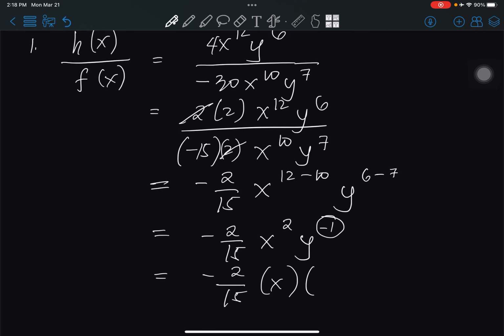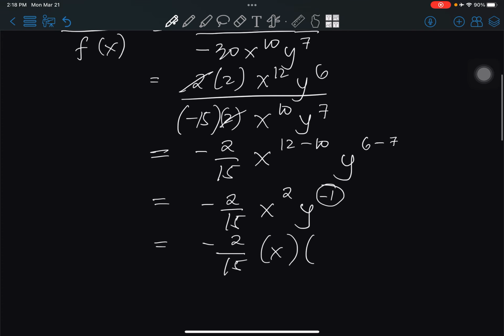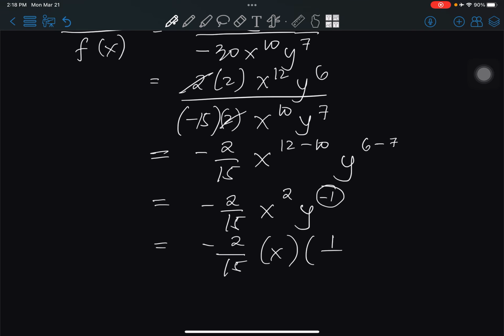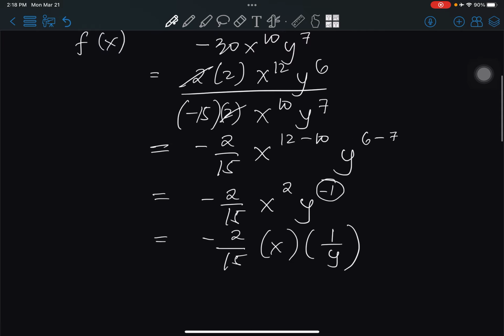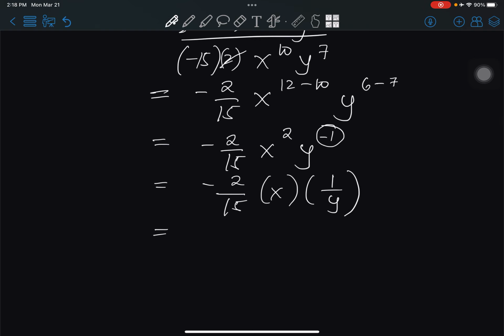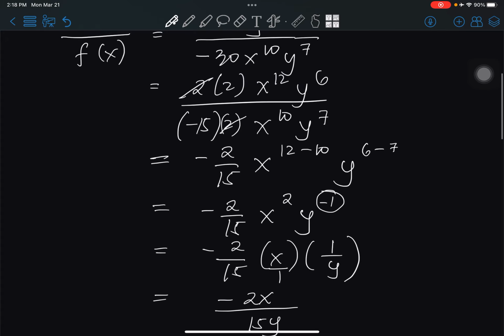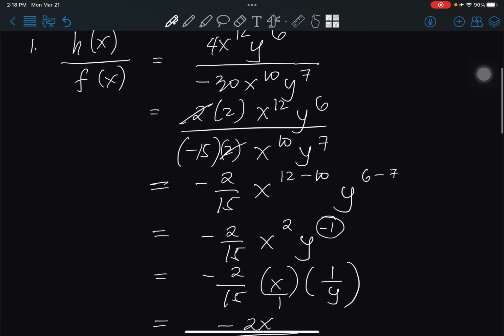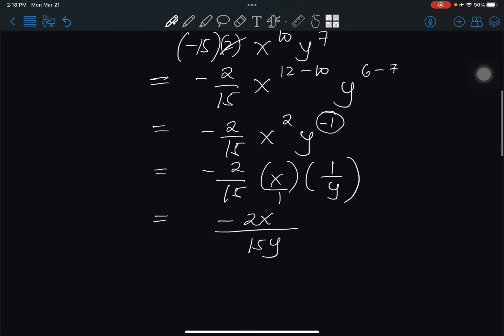Then what is the simplification of y raised to the power of negative 1? That would become 1 over y. Okay? So simplifying this, we have now negative 2 times x times 1. We have negative 2x all over 15 times y, it's 15y. So this is now the answer if we are going to find out the quotient of h of x and f of x. So we have negative 2x over 15.